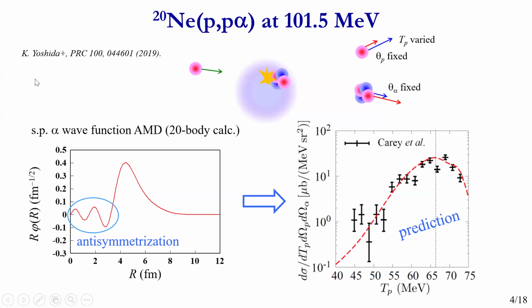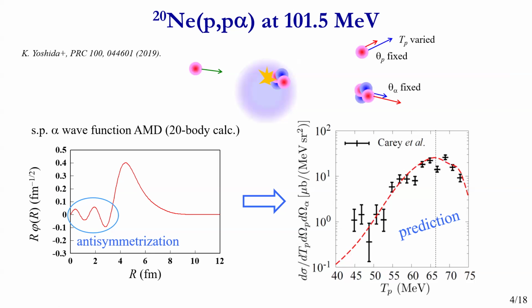And in this paper, we collaborated with the structure people who are doing AMD, antisymmetrized molecular dynamics calculations. And they calculated the alpha distribution or alpha overlap inside neon-20. And this is the result. And we implemented this in our reaction calculation.